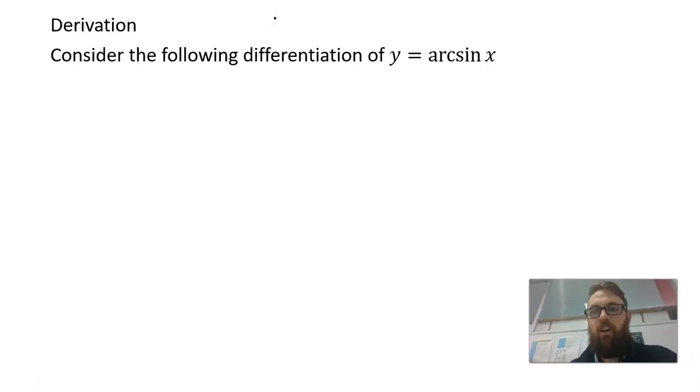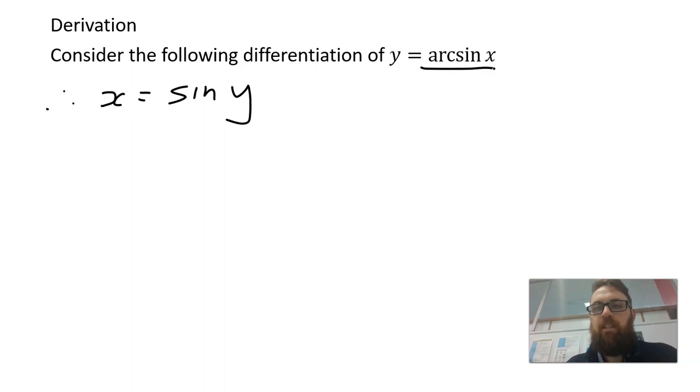Okay, so let's have a look at the derivation of this. So we're first going to consider the differentiation of arc sine x. So if we've got y equals arc sine x, therefore x equals sine of y. Because we know that arc sine and sine are inverse operations, if we take sine to this side, sine and arc sine cancel, leaving us with just x, and sine of y leaves us with sine y.